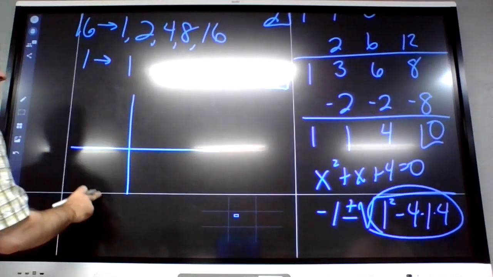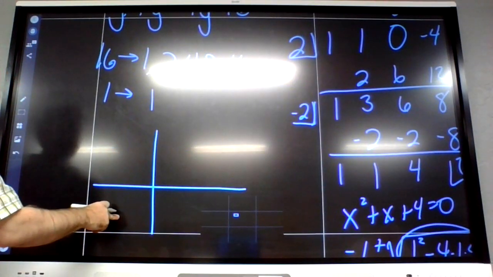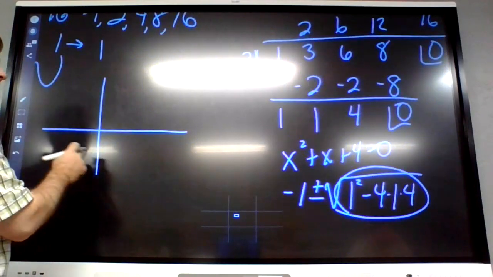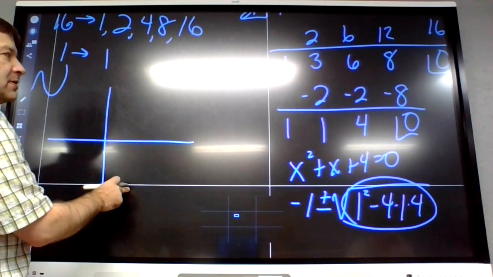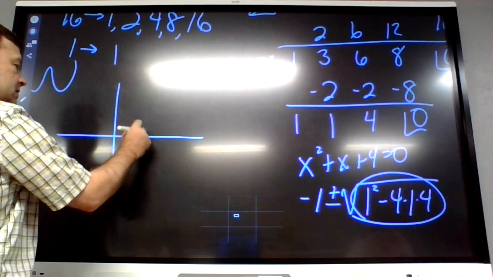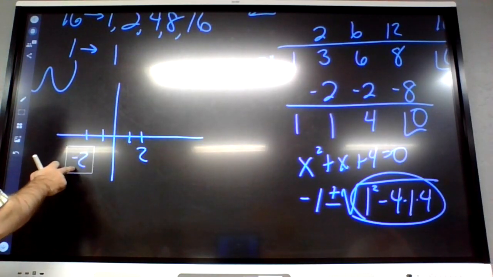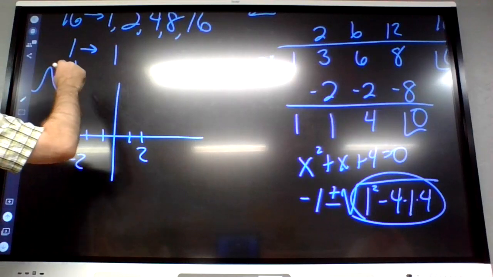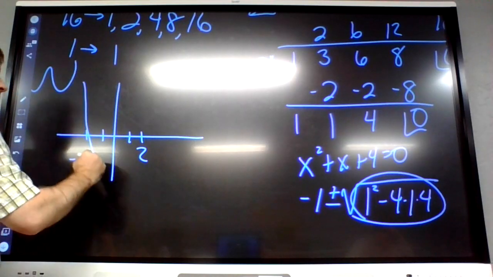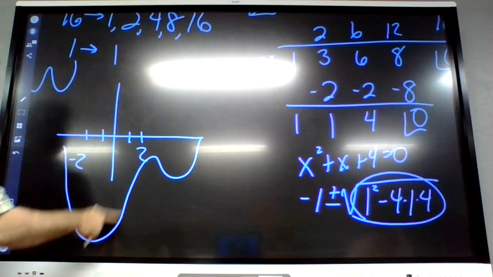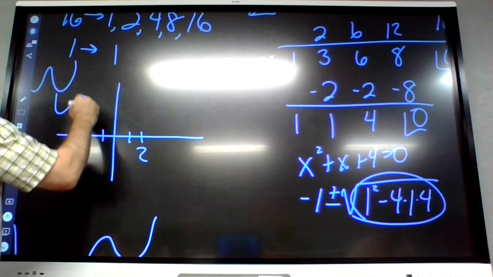Okay, what does an x to the 4th function look like? W. There's a few ways that this can be drawn. Let's see, 2 and negative 2. But it doesn't really matter how you draw it. It could be like this and the W's up here, or it could be the opposite.